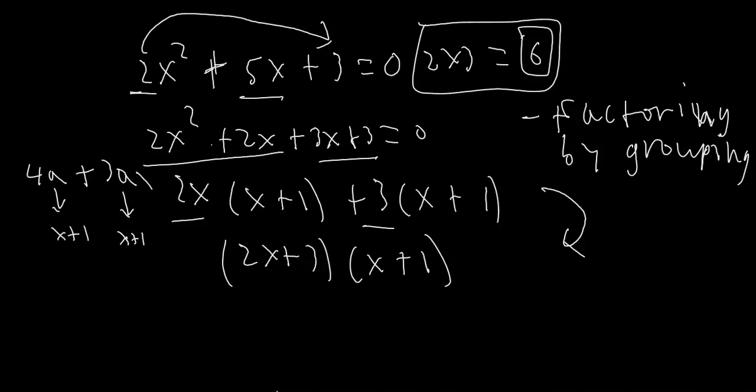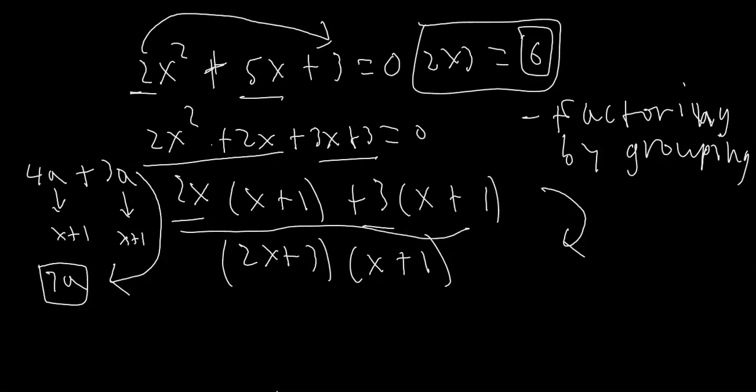When we add these together, 4a and 3a, you would get 7a. We're doing the same thing over here, except the 2x, we don't know the number, so when we add it to 3, that's why it looks kind of a bit funky. But it's essentially the same idea you're doing here. Same idea.